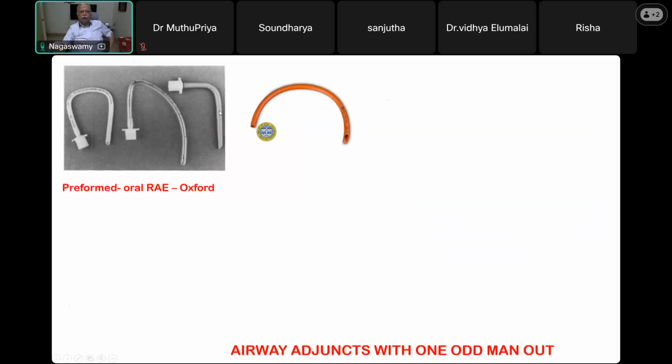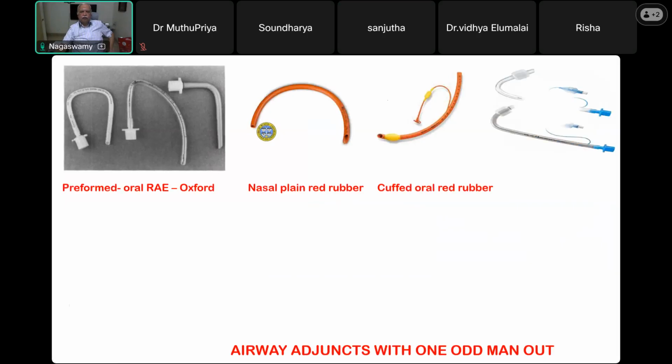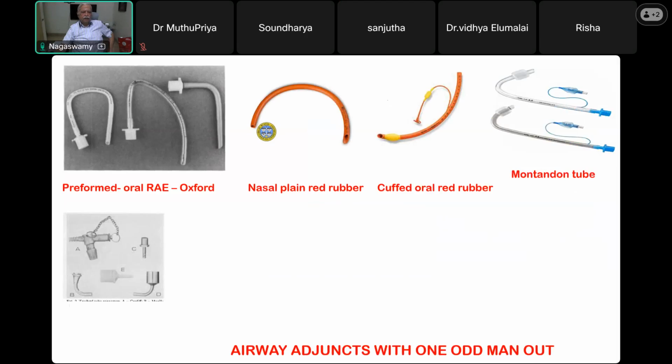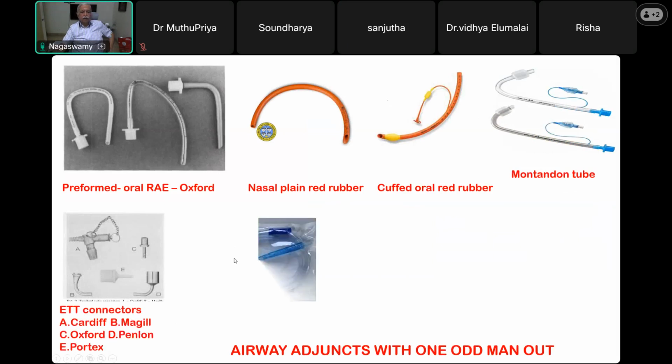And this is the nasal plain red rubber tube, and this is the soft oral red rubber tube. This is your reinforced Montandon tube, used for tracheostomy patients. And these are various connectors: Cardiff, McGill, Oxford, Penlon, etc.